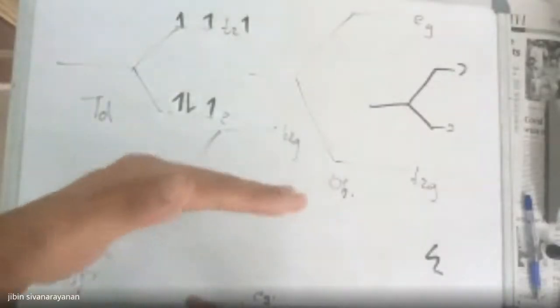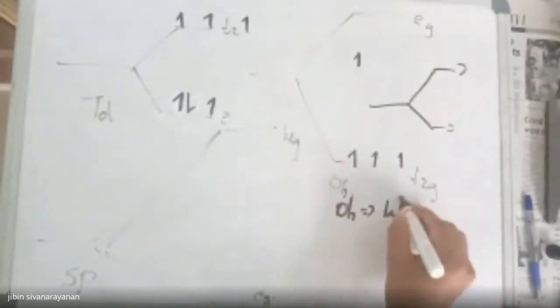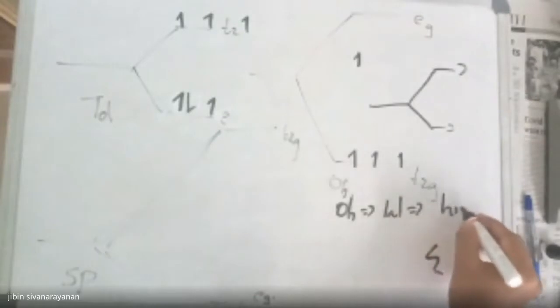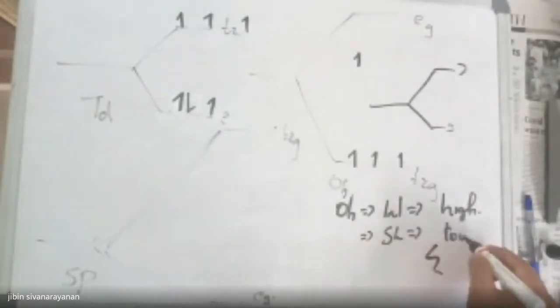If a weak ligand comes, the splitting is low, so the electron can easily go to the higher energy level, which means 1, 2, 3, and the fourth one can easily jump to higher energy. So in octahedral complexes, a weak ligand forms high spin complexes. A strong ligand forms low spin complexes.